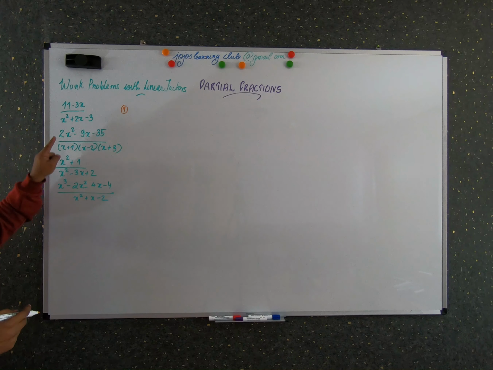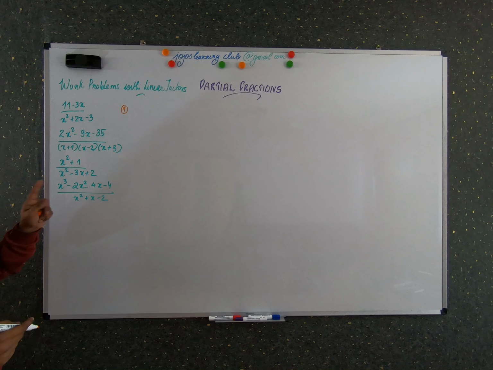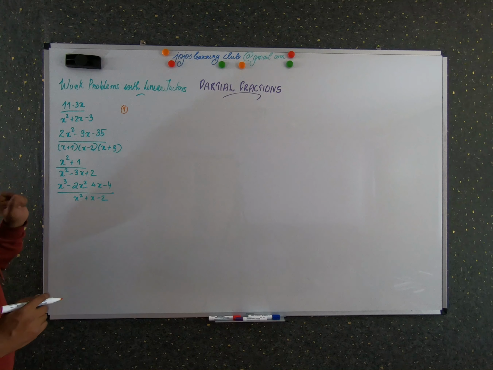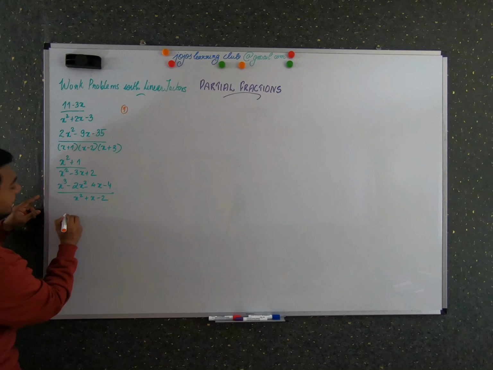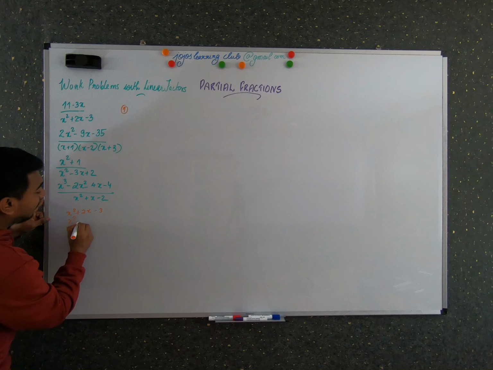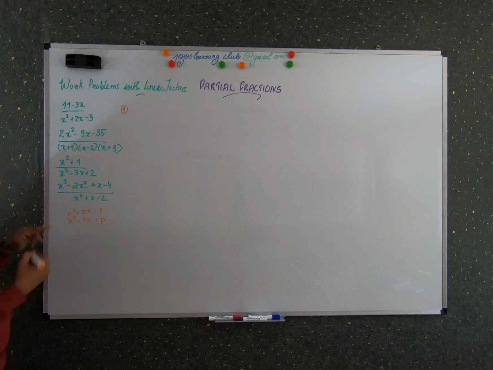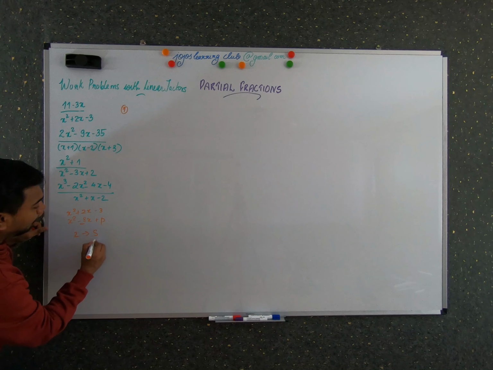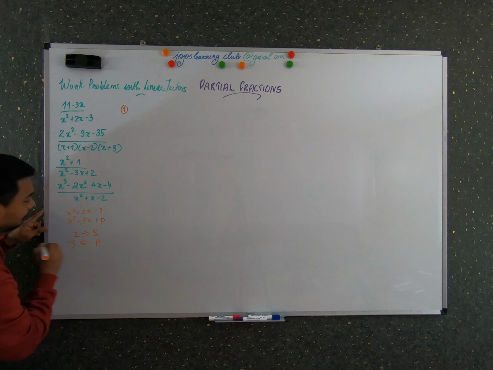The first step is that you have to check whether it is factorizable. Only if this expression can be factorized can you resolve it into partial fractions. For example, let me check x square plus 2x minus 3. Remember the formula x square minus sx plus p. Here the sum is 2 and the product is minus 3.